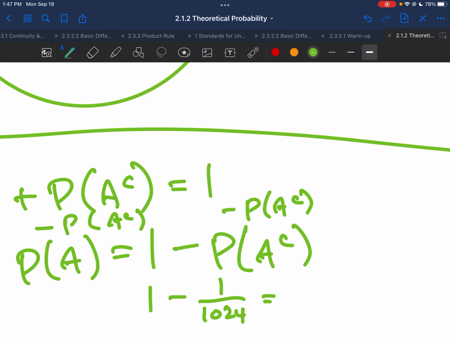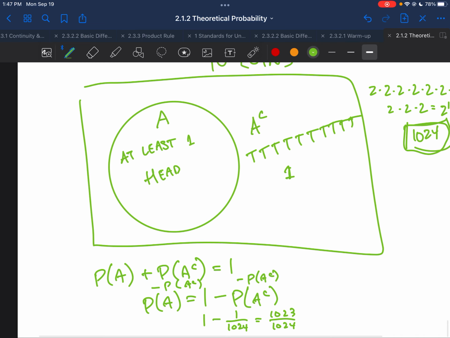So that means the probability of A is going to be 1,023 out of 1,024. And that was way easier to find than trying to list out every single instance of at least one head and then adding together all of those probabilities. It would just take too long. So the complement helps us in that respect.